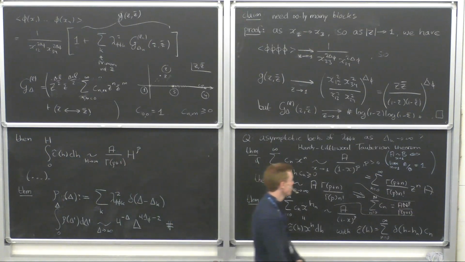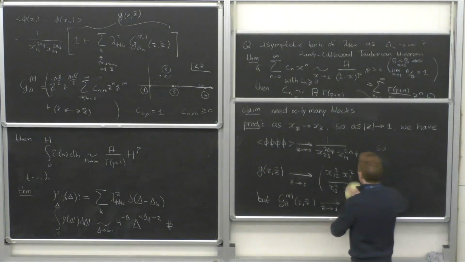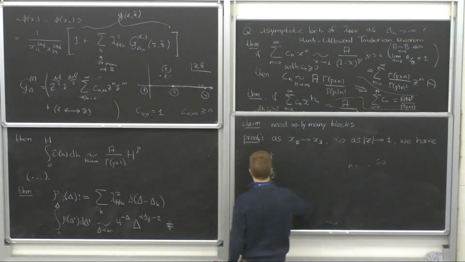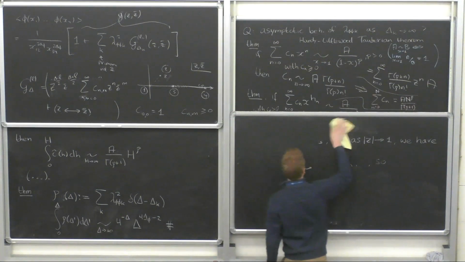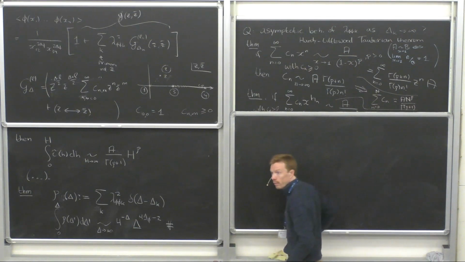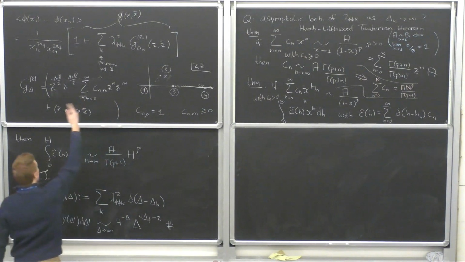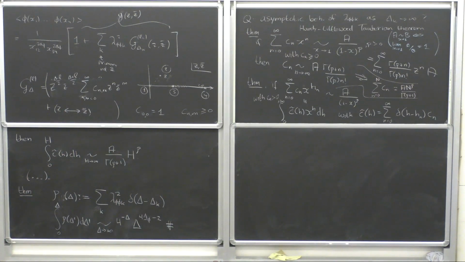So you could ask, can we say something even better and get more fine-grained information about the theory from these kinds of expansions? So we expand around the wrong end, and then we try to learn something about the asymptotic behavior of the OPE data.